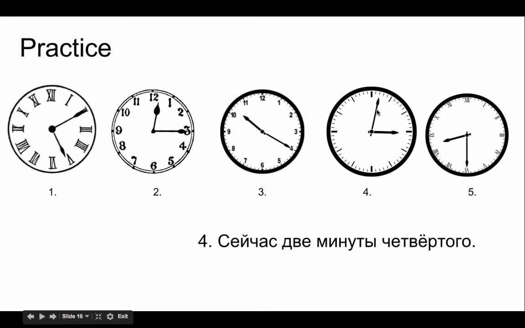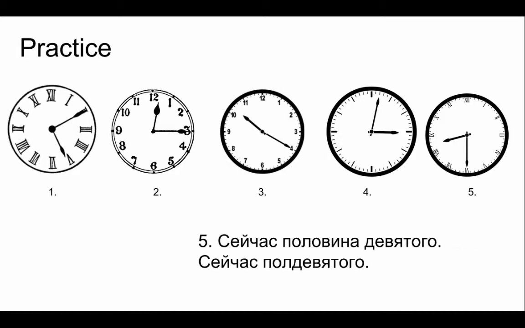Сейчас 2 минуты 4. So even though it's 3 something, in Russian we're always counting towards the next hour. So it's 2 minutes of the 4th hour. Опять. Сейчас половина 9. Сейчас 8:30. Half of the 9th hour.